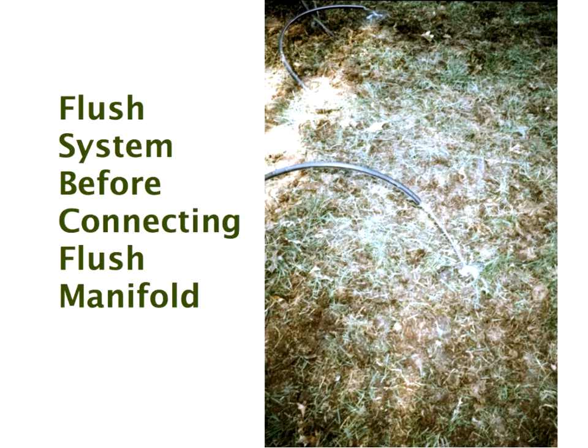But you want to make sure that any sand or dirt or PVC filings, which is a common problem, little bits of PVC pipe, get all flushed out through the drip line before you switch on, before you connect the flush manifold.